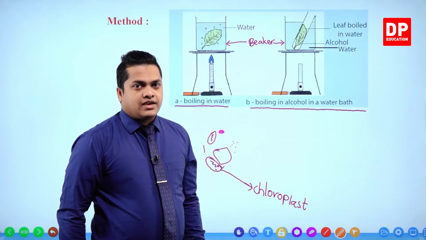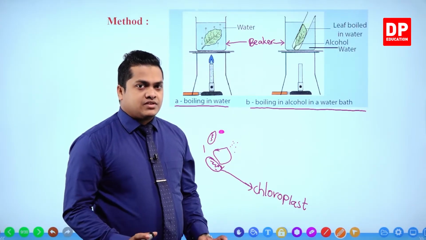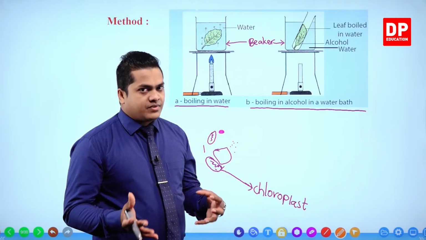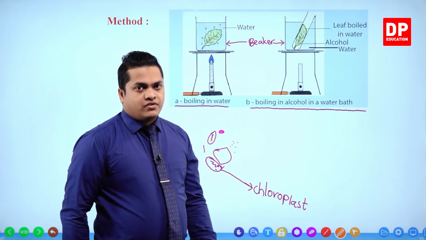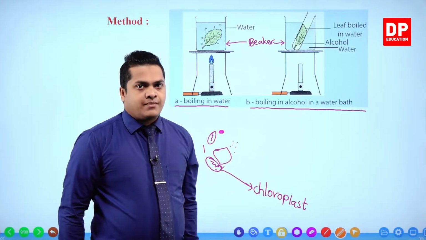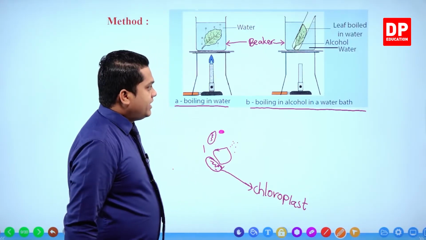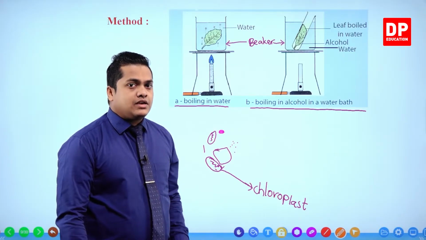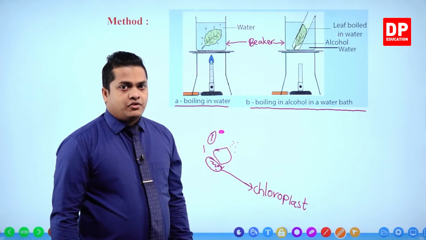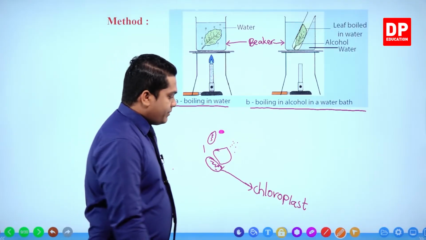If the presence of starch can be proved, then we can say that photosynthesis has occurred. In the earlier chapter, we discussed that. So, my dear children, this is the way of preparing our plant leaf for the starch test.